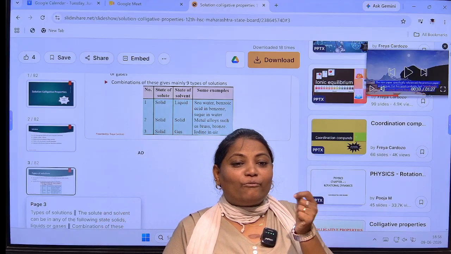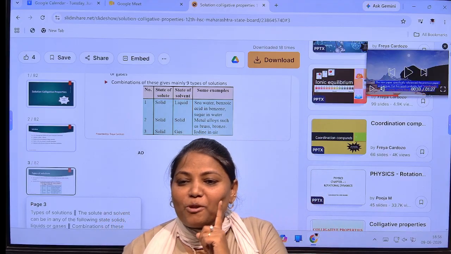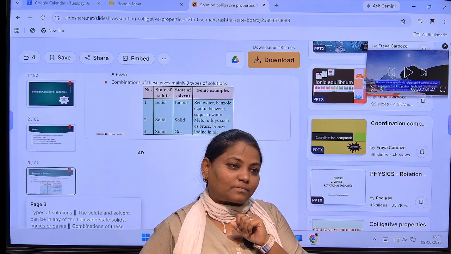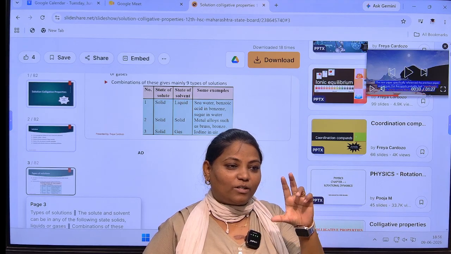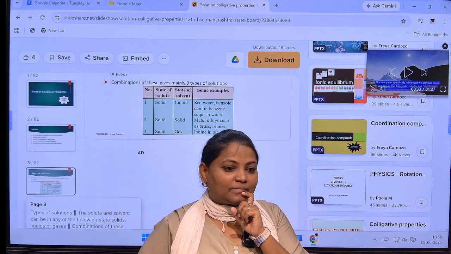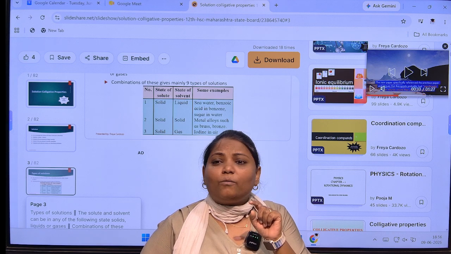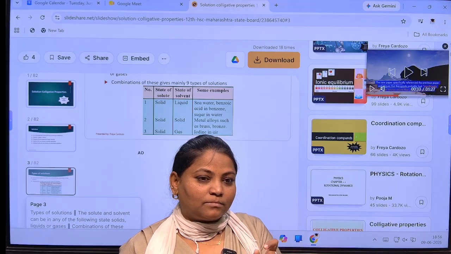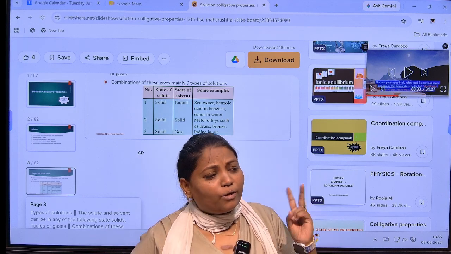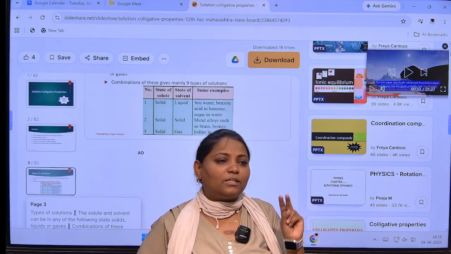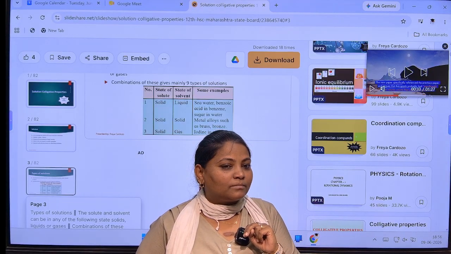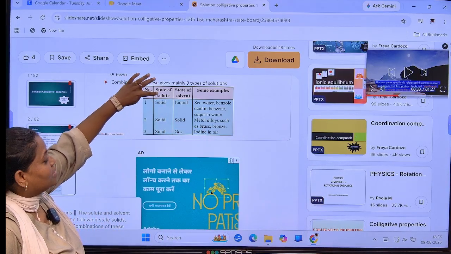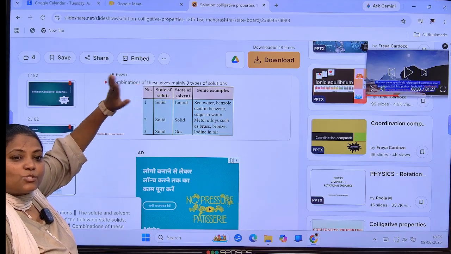Right? Think about the example of lemon juice. In the water, what did we add? Lemon juice, right? Lemon juice is in which state? Liquid state. What about the rest of the two components, sugar and salt? Solid state.